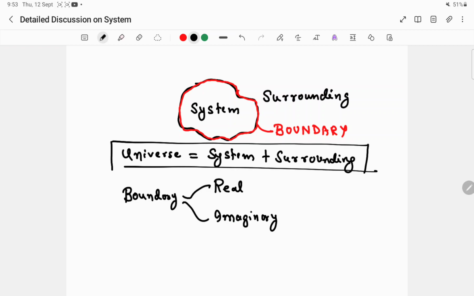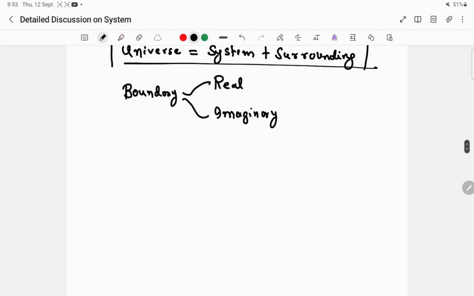Let me explain this to you. Suppose this is our nozzle. We will be discussing many thermodynamic applications like nozzles, pumps, refrigerators and compressors in our upcoming videos. So let's say this is our compressor, our nozzle. Let us show you with some dotted lines.